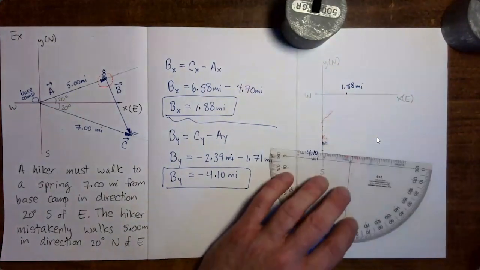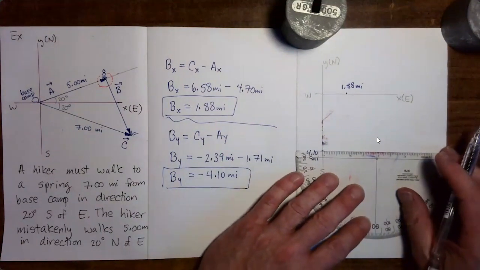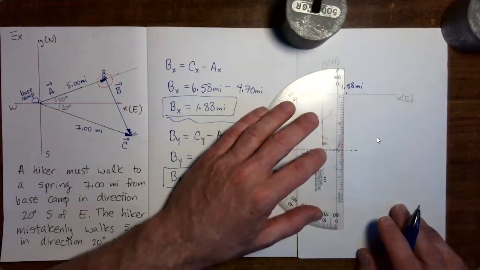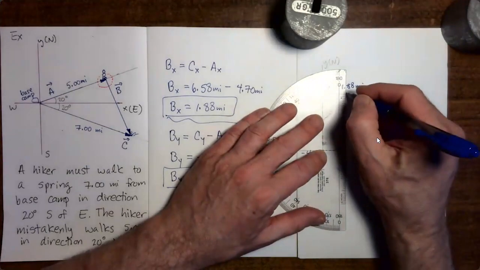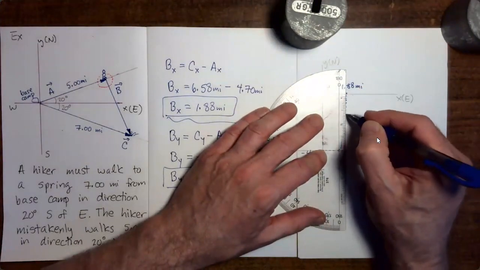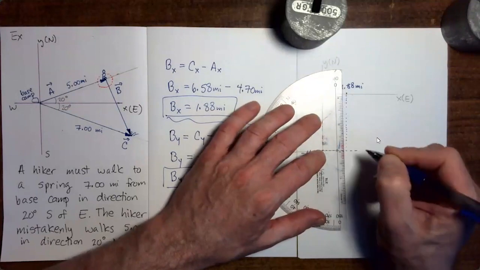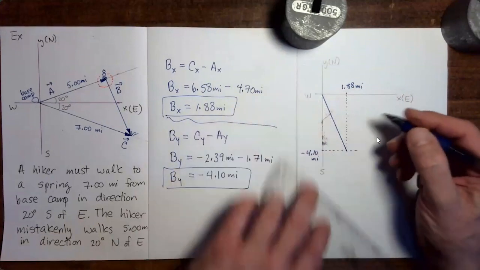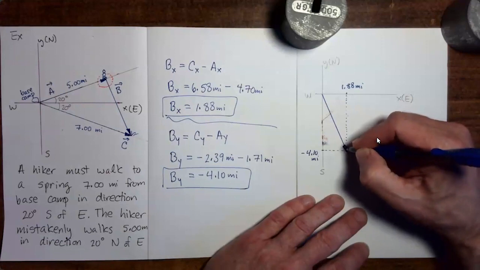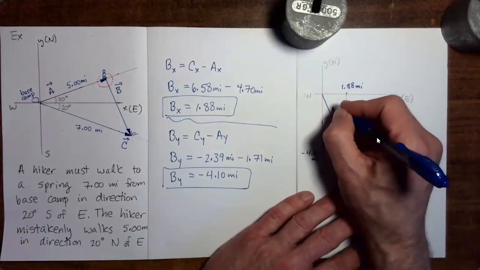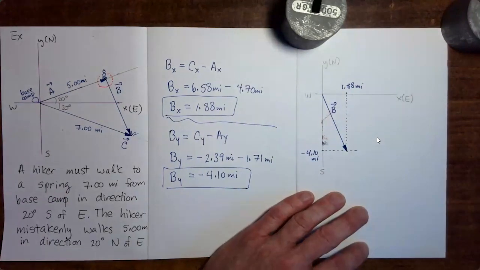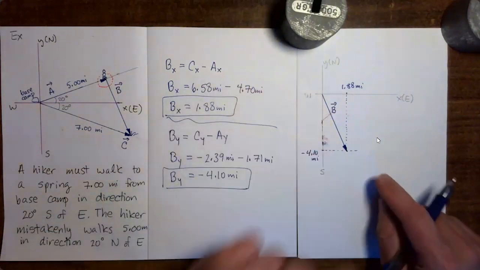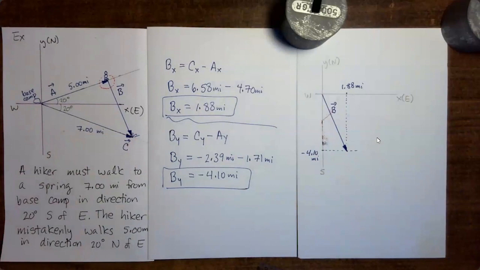Okay, so now we can draw vector B finally. Okay, so this would be vector B. And now we would like to find the magnitude and direction of this displacement that the hiker had to go through to get to the spring after realizing his error.